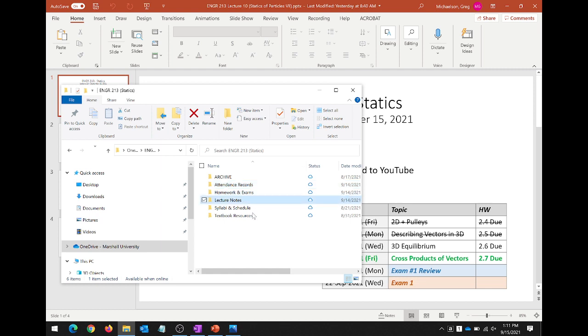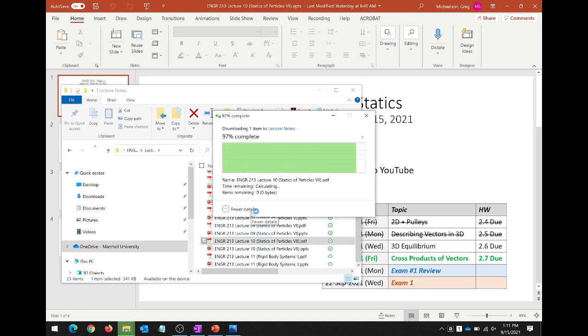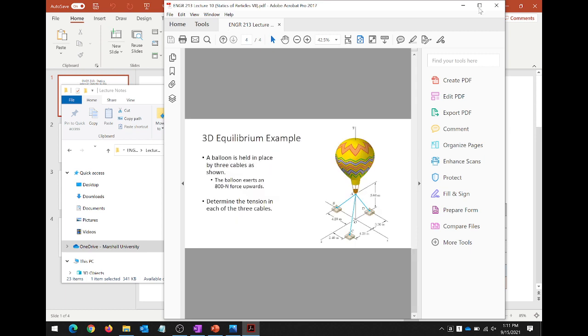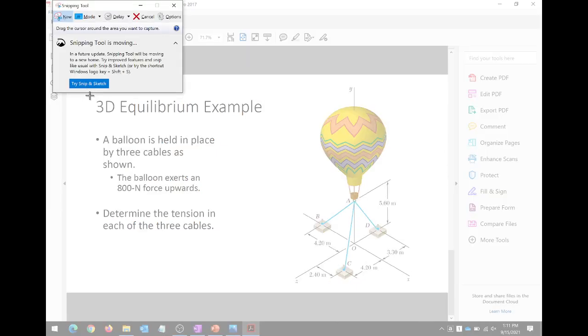Let's see, lecture notes. Yeah, I got to agree with you all. I'm starting to see the internet connectivity issues in this room. So let's snip this.